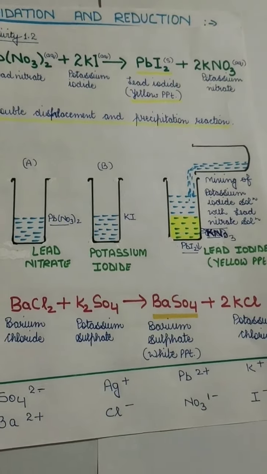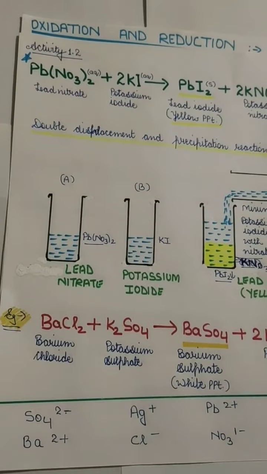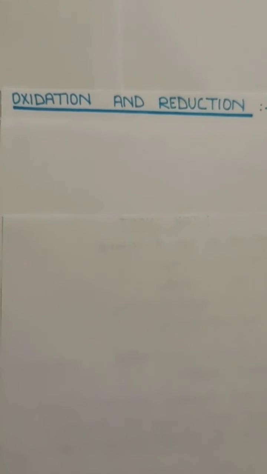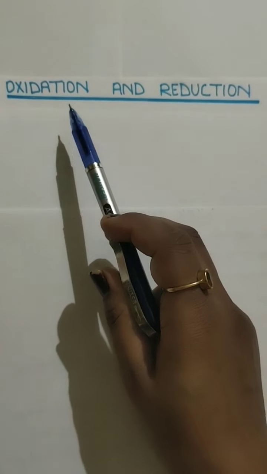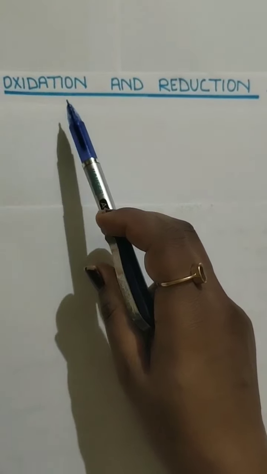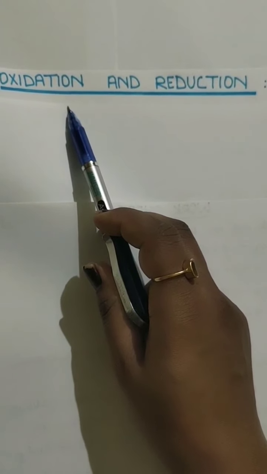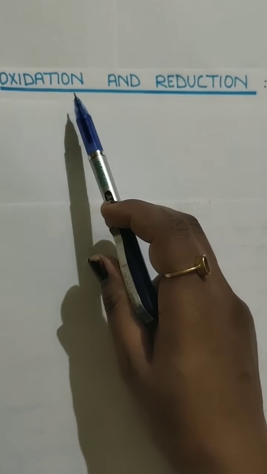So next we'll be starting is oxidation and reduction. So let's start with oxidation and reduction. Oxidation is basically, in any reaction, when there is addition of oxygen, then it is called an oxidation reaction.